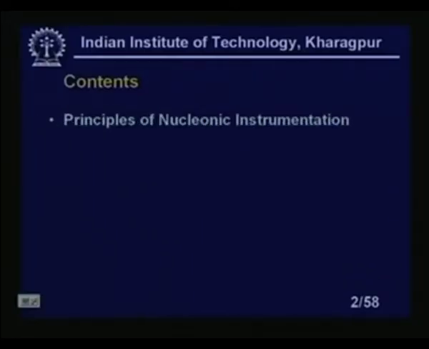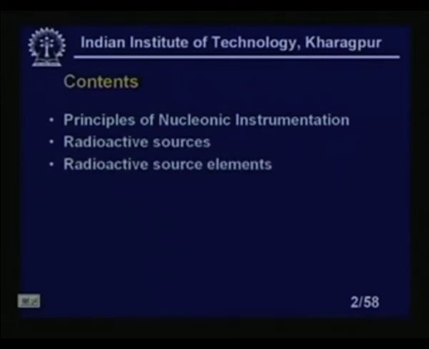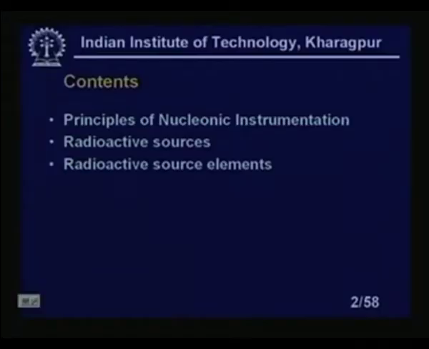Let us look at the contents of this lesson. Contents: principles of nucleonic instrumentation, radioactive sources, and radioactive source elements. What are the different elements which will make the radioactive sources? Basically radioactive sources means alpha, beta, gamma rays, but what are the elements which are actually used in nucleonic instrumentation, that we must study.